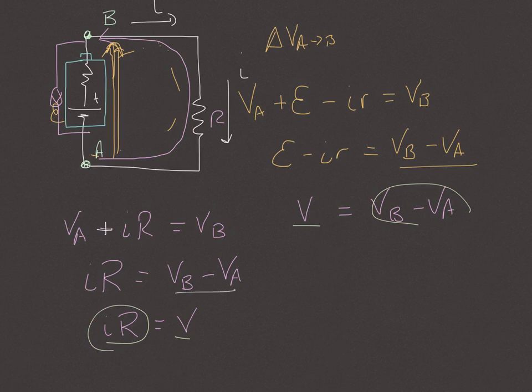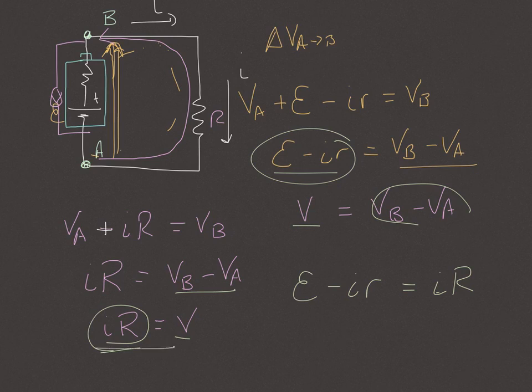So both potentials are equal to each other, so the EMF minus the internal resistance drop is equal to I times R. Because each different way basically proved that from A to B this way is the same as A to B the long way.